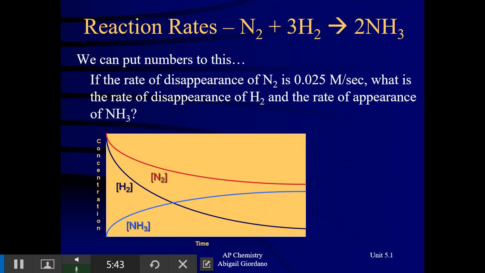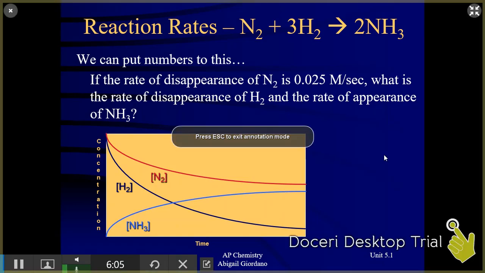Look at those units. Those are the kinds of units you will see for rates of reaction. Molarity per second. Concentration per time. So if the rate of disappearance of nitrogen is 0.025 molar per second, what is the rate of disappearance of hydrogen? Let's take it one question at a time.